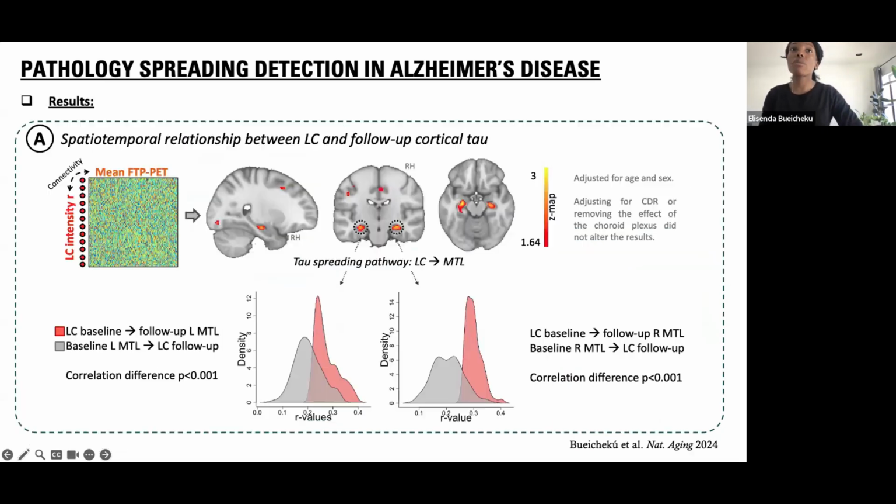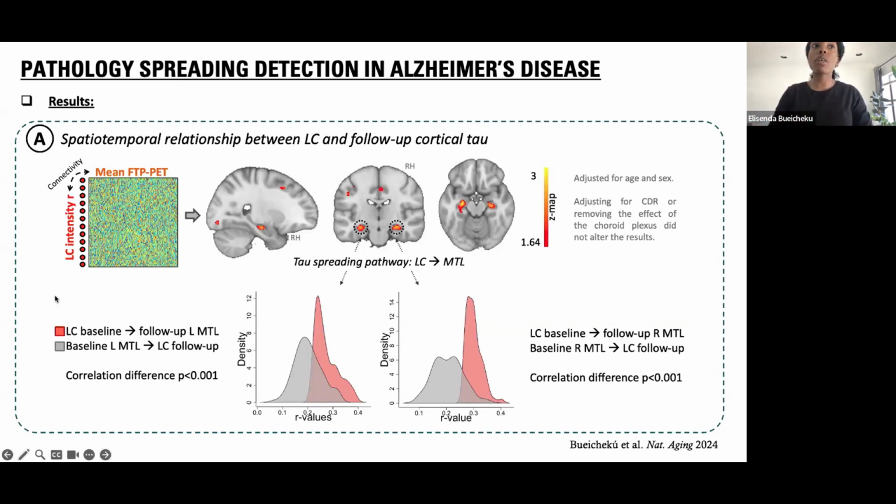What we observed is that the correlation or the connectivity between LC intensity and the mean of the tau signal was that whenever there was lower integrity of the LC, we observed higher accumulation of tau years later.